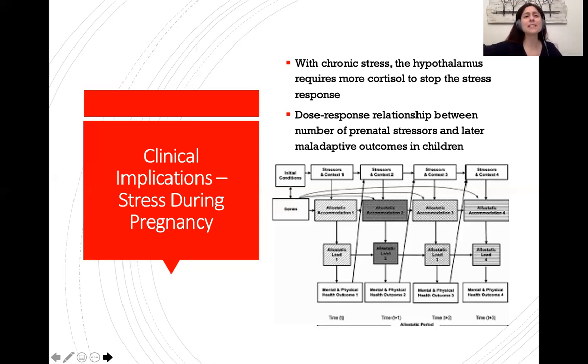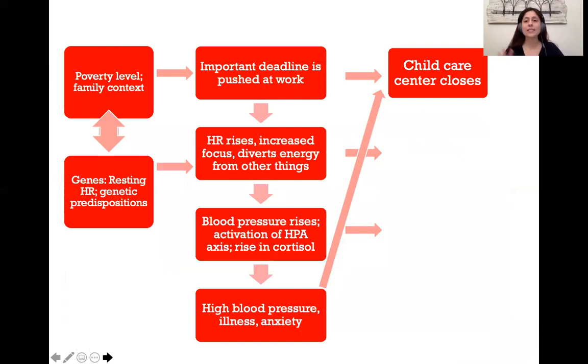Okay. Now, this may seem really confusing. So I've also tried to apply this in a really oversimplified way to something that you may encounter in therapy. This is part of that allostatic accommodation chart, and I've applied some specific things to it. First, we'll start with the initial conditions.